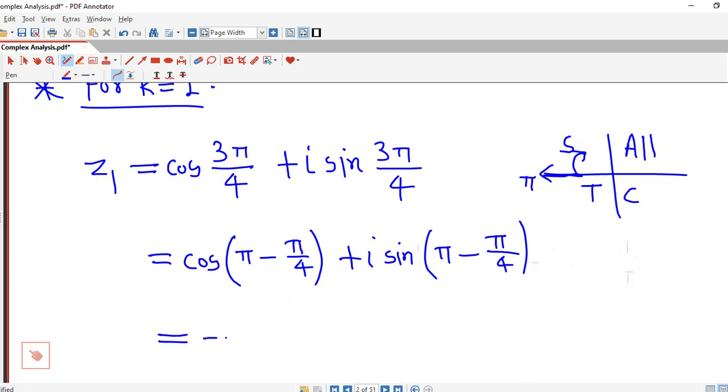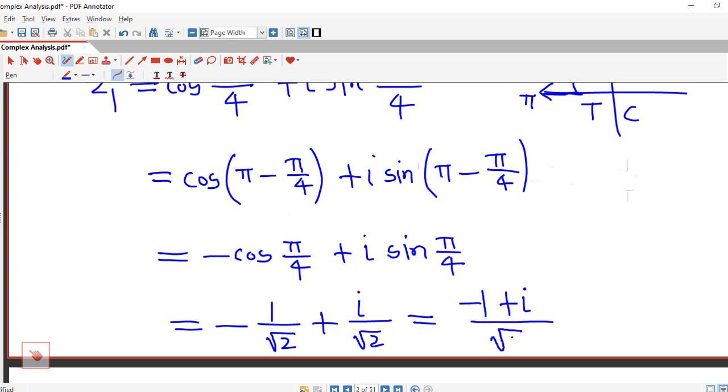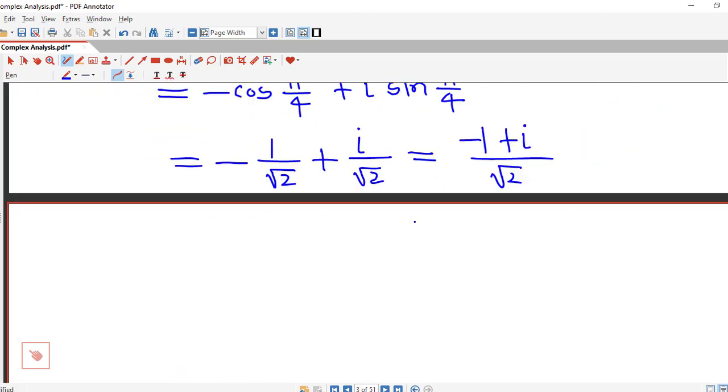So this is now minus cos pi by 4, and because sine is positive, sine of pi minus pi by 4 is sin pi by 4, and minus cos pi by 4 is minus 1 over root 2. Similarly sin pi by 4 is also 1 over root 2. So we can rewrite this as minus 1 plus I divided by root 2. This is the root corresponding to k equal to 1.